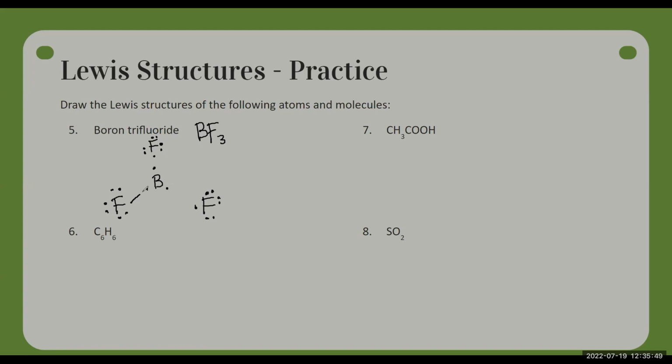So we can do one here. We can do another one up here. And then one more down here. And so our final structure, if I were to draw a little bit more neatly, would look something like this.